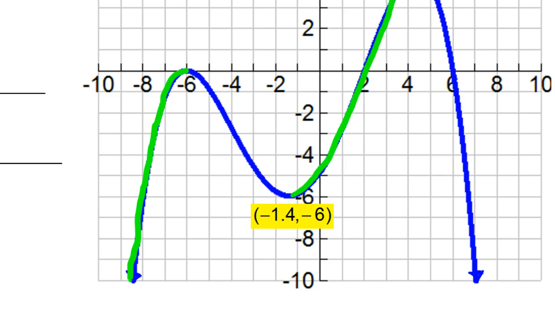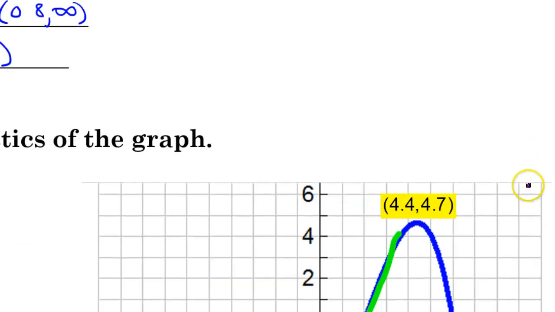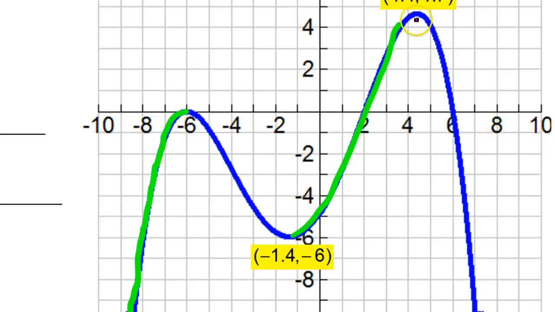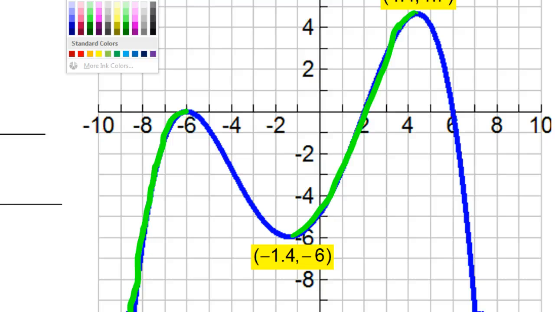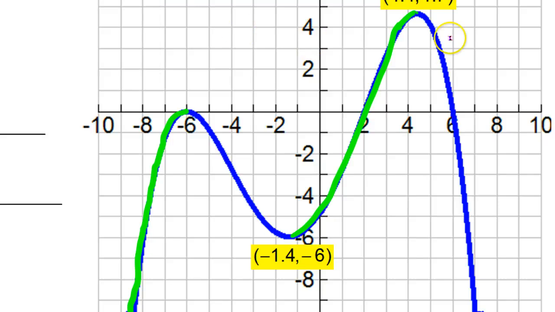Okay, I ran out of space. So I'll be increasing again. And then over here, I will start decreasing again. Falling, falling, falling.